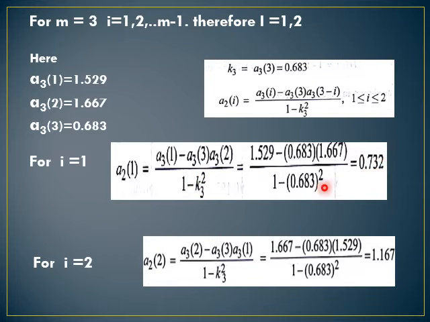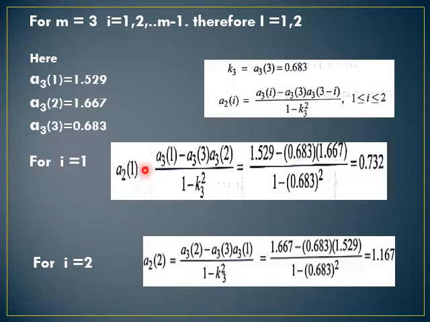Substitute the values. You will get these values from the values you found for M equal to 4, so you need to collect the values. The value of A3 of 1 is 1.529, A3 of 3 is 0.683, A3 of 2 is 1.667, and the value of K3 is 0.683. You will get the answer as 0.732.